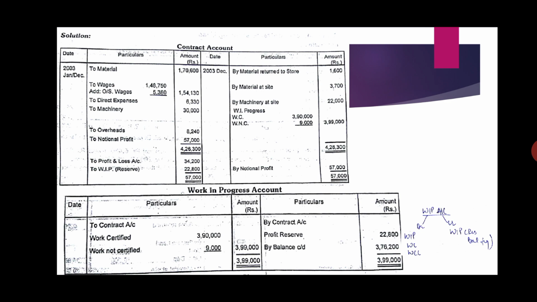WIP means work certified plus work uncertified, right? Now in this way you have to just balance 3,76,200. So on the right hand side I have already written a hint for you. Debit side WIP and credit side WIP reserve, which is always calculated from the balancing figure.